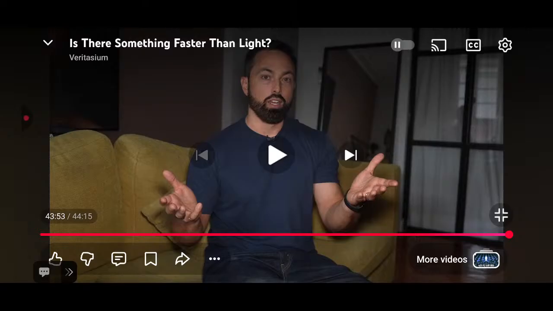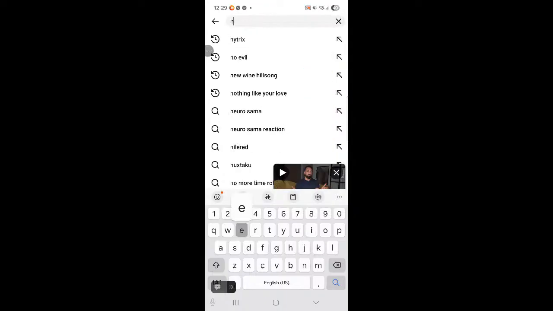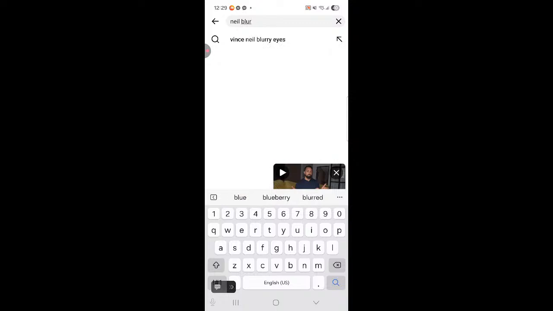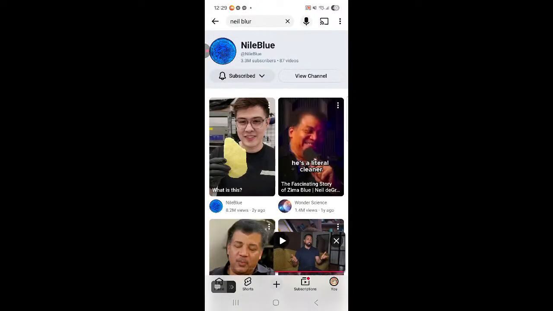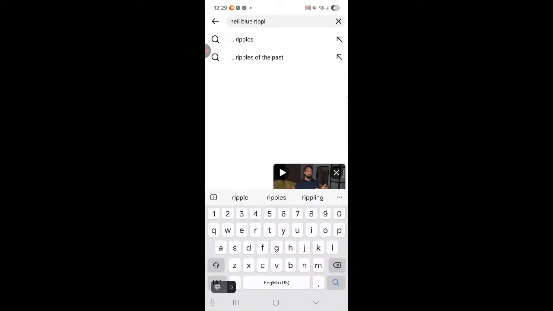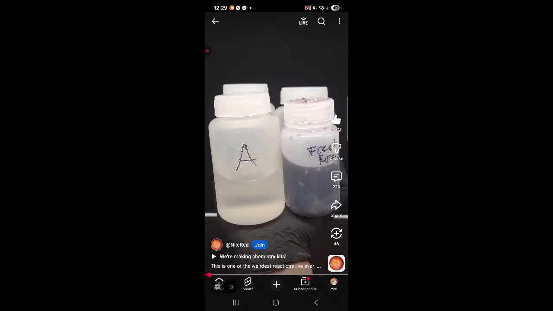It was a bunch of orange that turned to ripples of blue, and it just kept evolving and kept being crazy. That is fucking awesome.